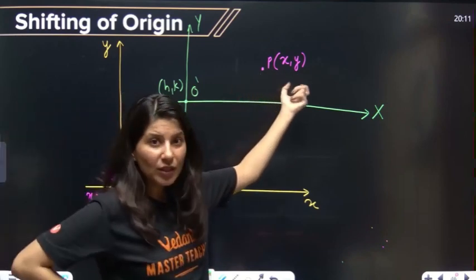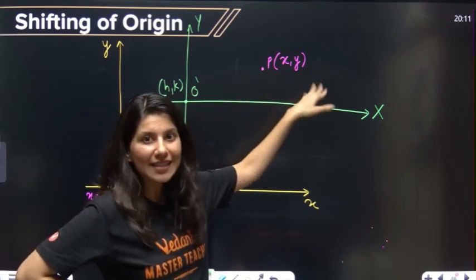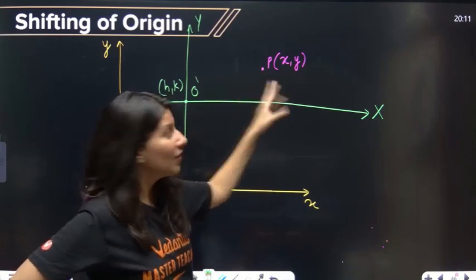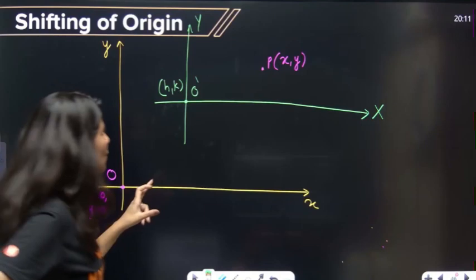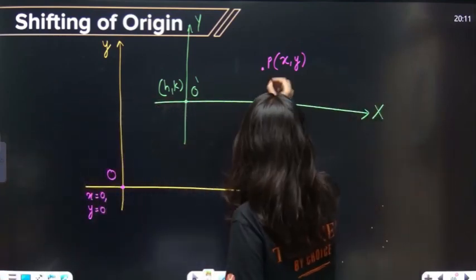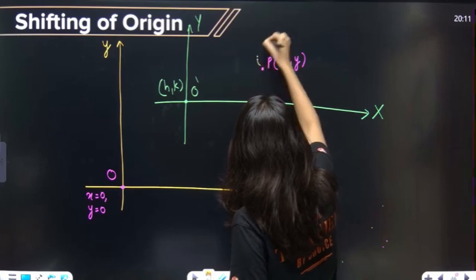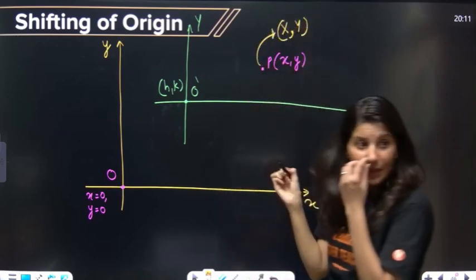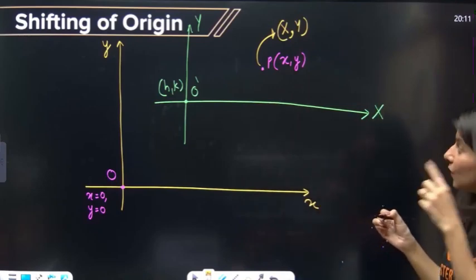With respect to the original axis, small x and small y were the coordinates, but I am looking for the new coordinates with respect to this. Suppose this point has a new coordinate which is capital X comma capital Y. This is nothing but new coordinates.